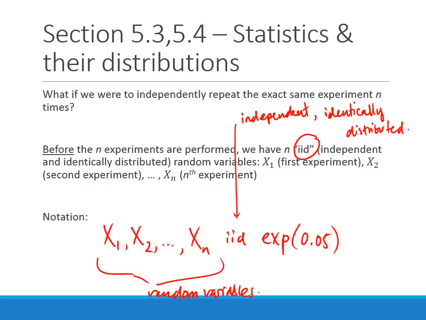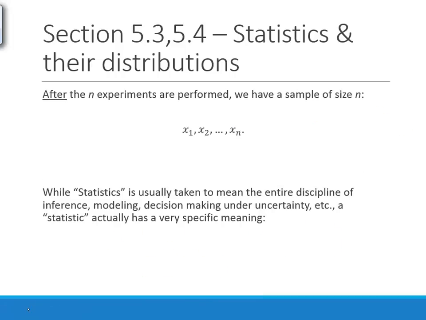Okay, so then say we actually go ahead and do this experiment. This person drives to work n days or something like that. So after those experiments are performed, we have data. We have a sample of size n. Our notation here will go from capital letters being random variables to lowercase letters. This is observed data, and these will all be numbers.